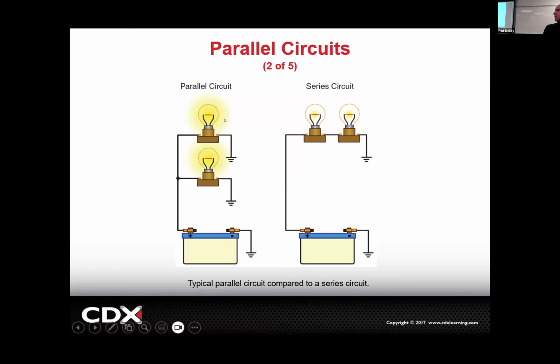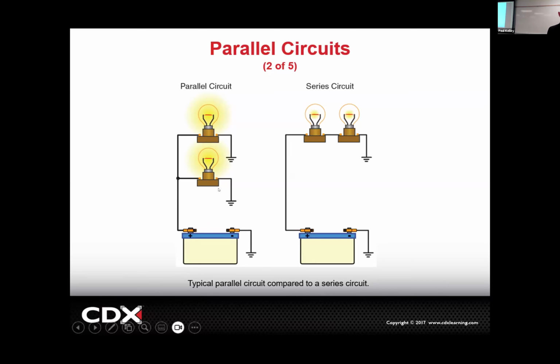If you had 6 ohms right here and 6 ohms right here in parallel, we don't calculate it in the same way. This gets 12 volts, and with 6 ohms, this is 2 amps. This gets 12 volts, and this is 6 ohms. It also gets 2 amps. Whereas the series with 6 and 6 was 1 amp, this is going to be double because it's a second path. It's a second way for electrons to flow, right?